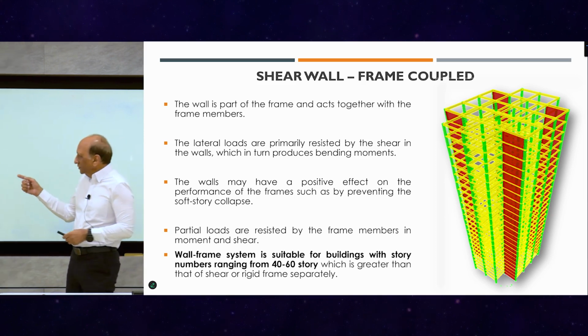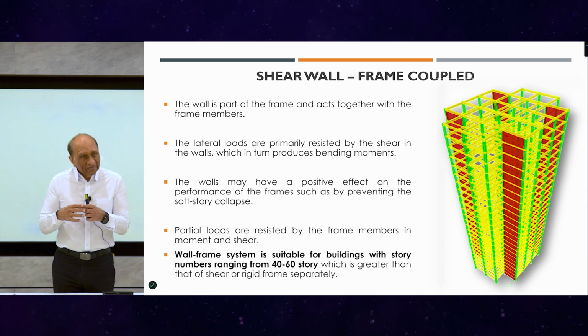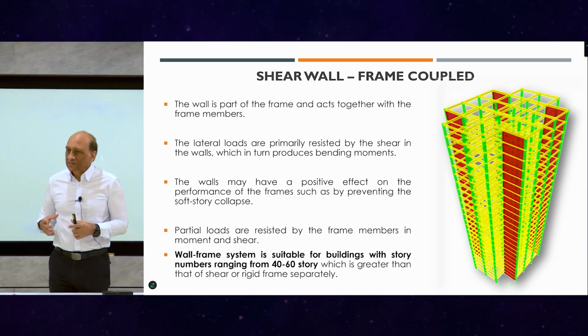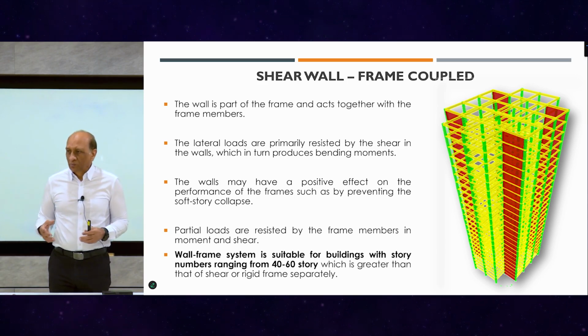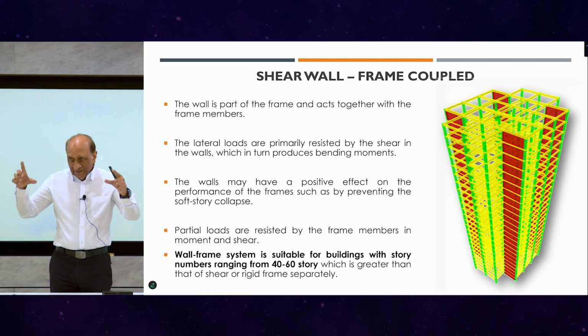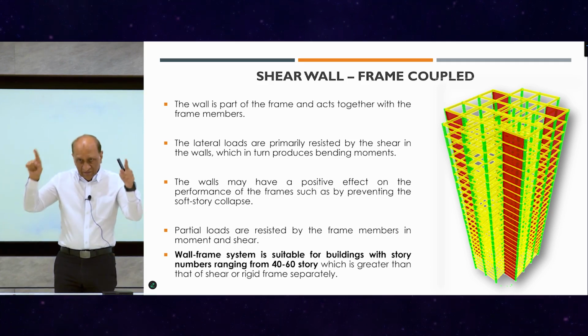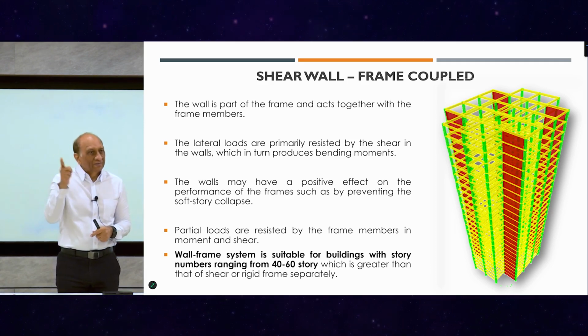And sometimes we can call them partition walls, or they are not as thick or as big as typical shear walls. So when you put the frames there, the columns on the outside and the beam sort of frame the wall, and the wall inside becomes like a bracing.